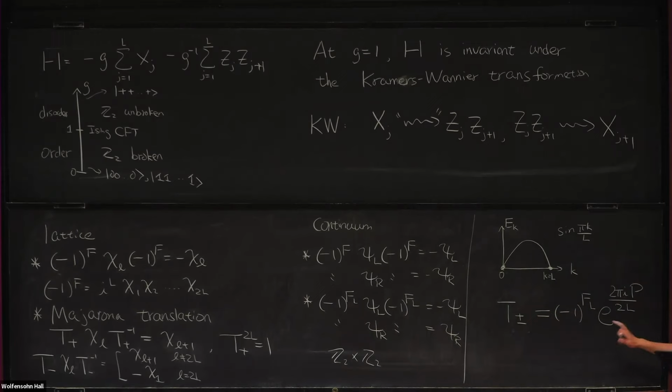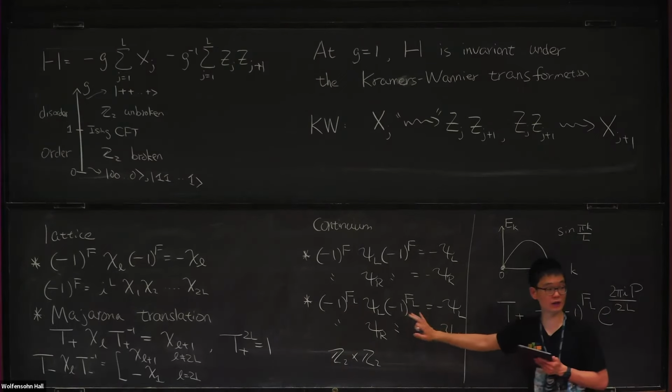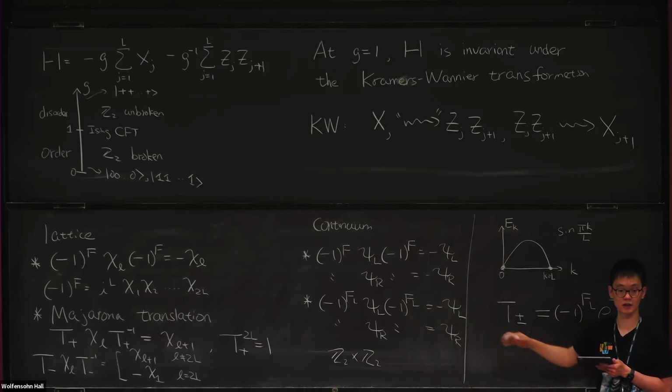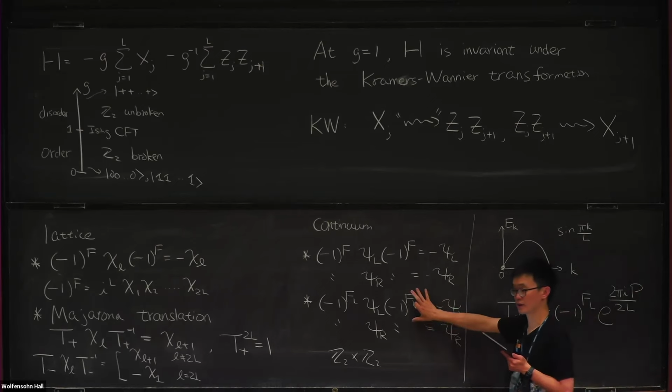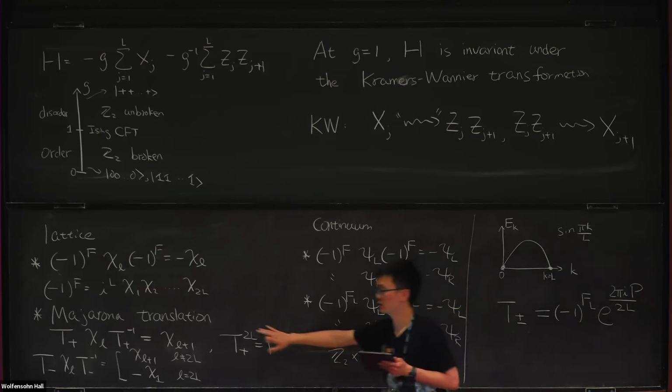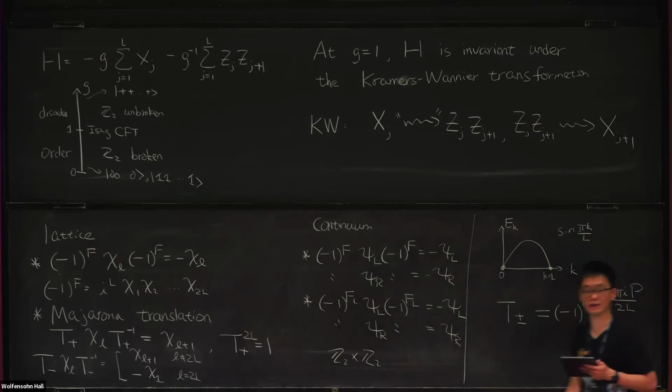This is how the symmetries match. You kind of expect this has to be the case because (-1)^{F_L} is a chiral fermion symmetry, and chiral symmetry in fermion theory is notoriously difficult to realize on the lattice. And here, the chiral fermion symmetry is realized via a lattice translation in this Hamiltonian system. Okay.